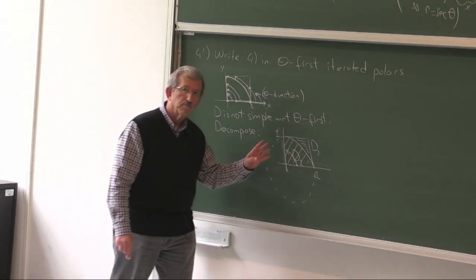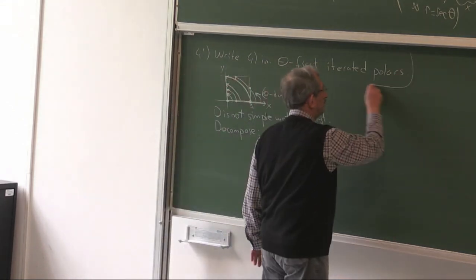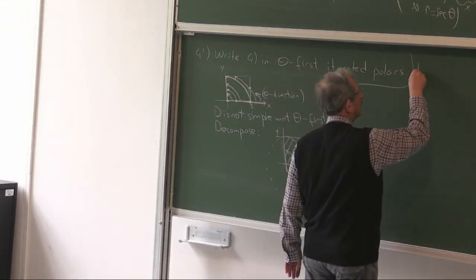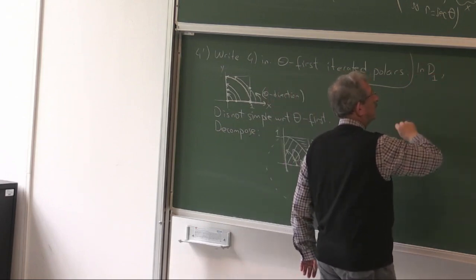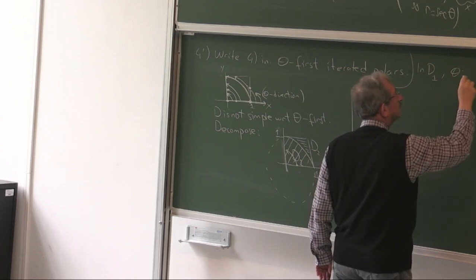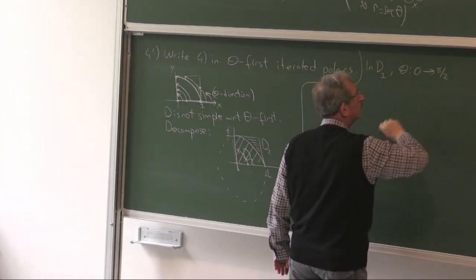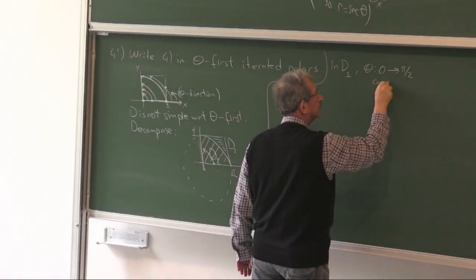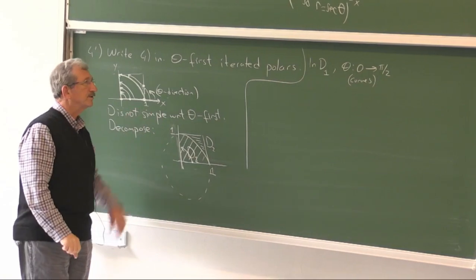But it's a curve, again. So in D1, theta starts from 0, goes up to pi over 2. These are curves, the x-axis and the y-axis.